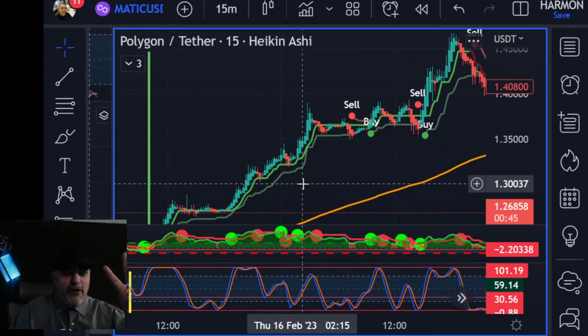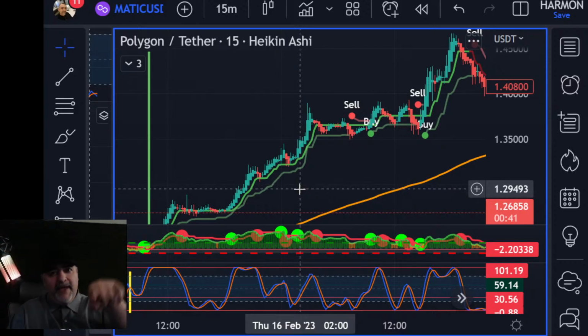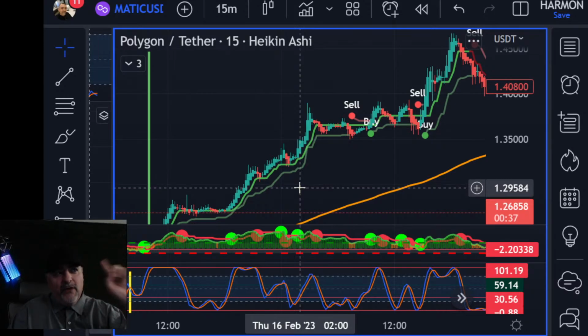Get it? 2 hour RSI starting up. 1 hour RSI went up, came down, and started up. That is an entry on the green moon. 1 hour RSI hit the bottom, started up after the 2 hour RSI. So step 1, 2 hour RSI bottomed out and started up. Step 2, 1 hour must bottom out and start up. Step 3, green moon, enter the trade.